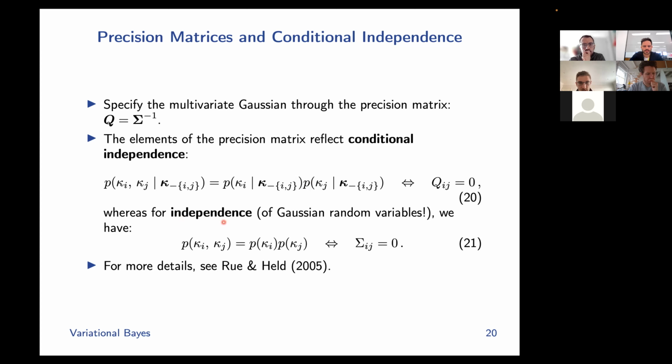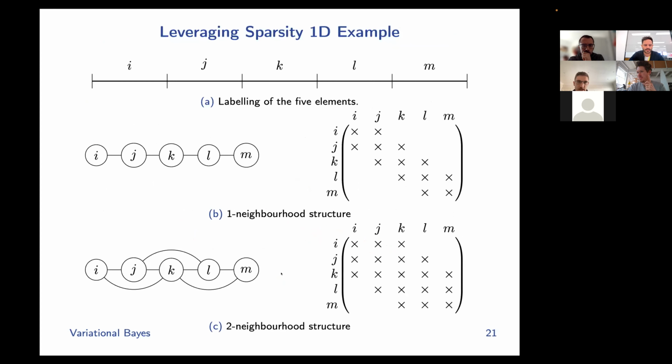Whereas for the covariance matrix, and this is of course only for Gaussian random variables, if the covariance matrix element is 0, it means that they are independent. If you're interested in more details about precision matrices, this book is really good. So just to give an example, we have a 5-element mesh. Well, not exactly a mesh, it's a unit line split into 5 elements.